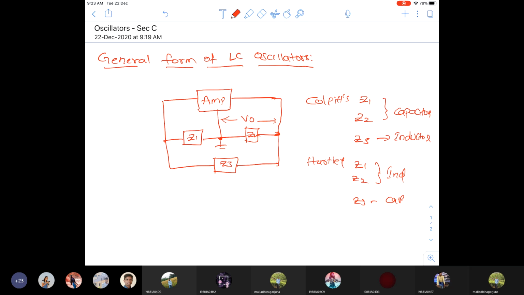Only the tank circuit parameters are different, and everything else is the same.